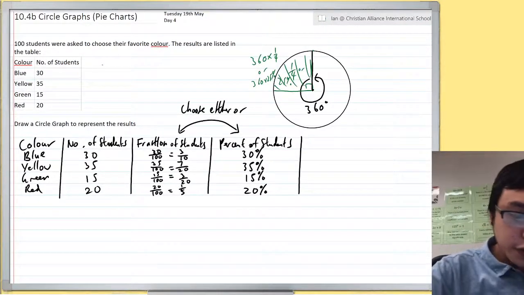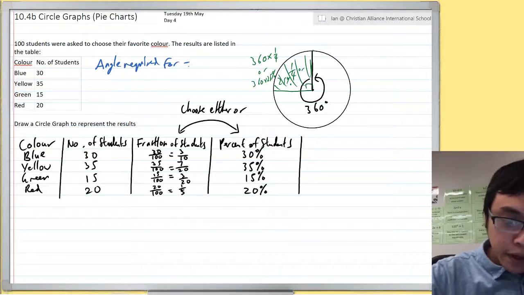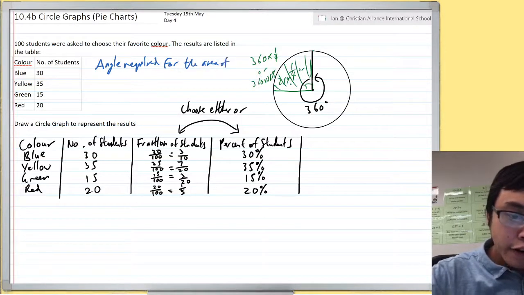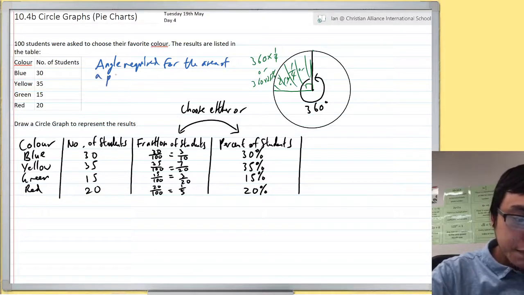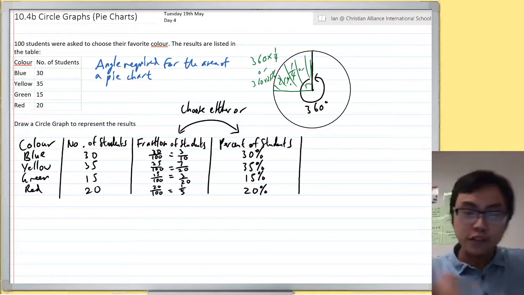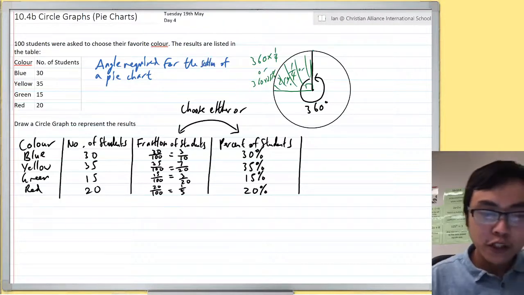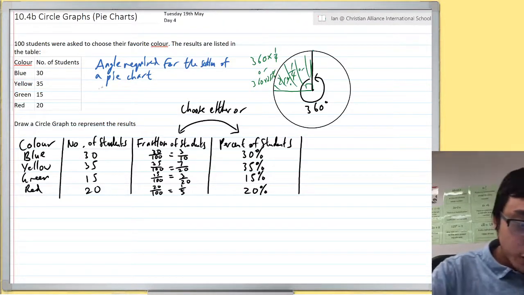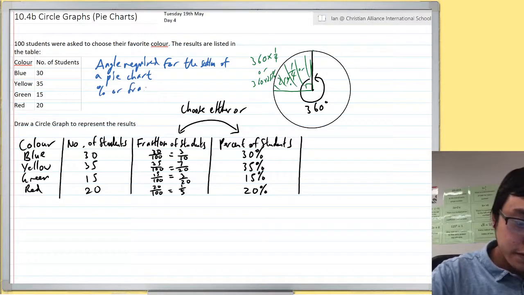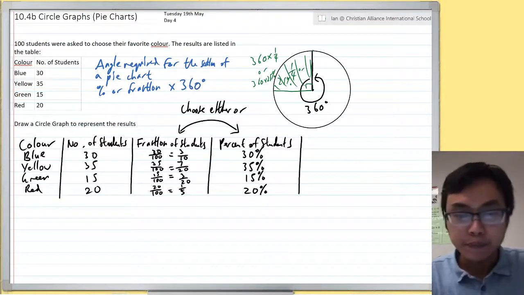The angle required for the section of a pie chart will be percent or fraction multiplied by 360 degrees. So keep that in mind.